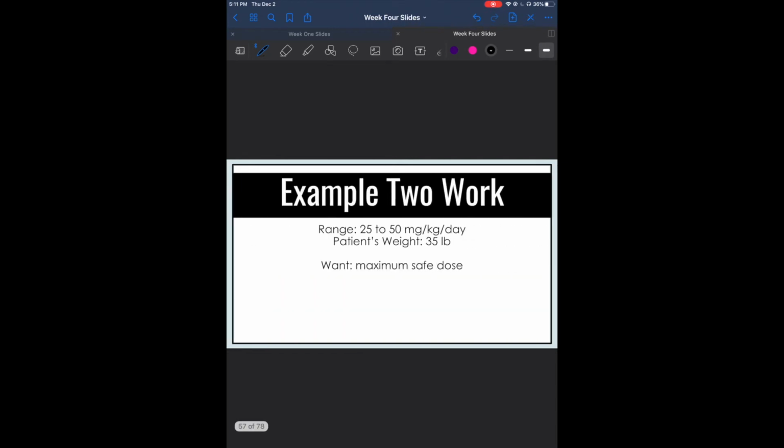Looking at our max, it's going to be set up the same way. We're just going to change our number in our top third column.